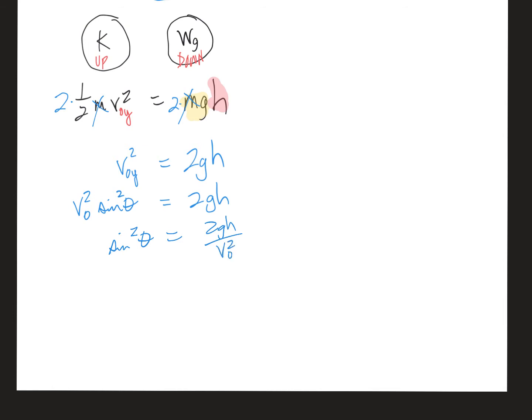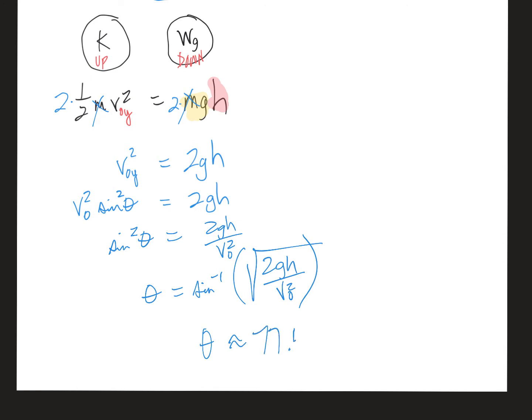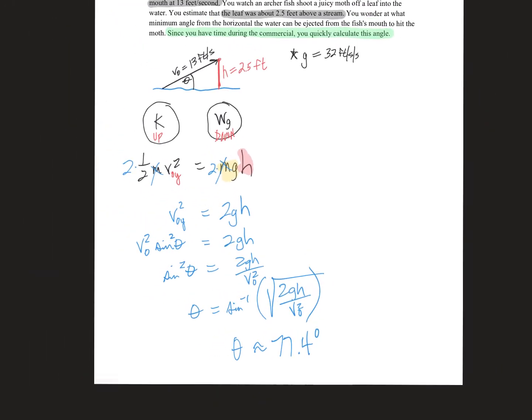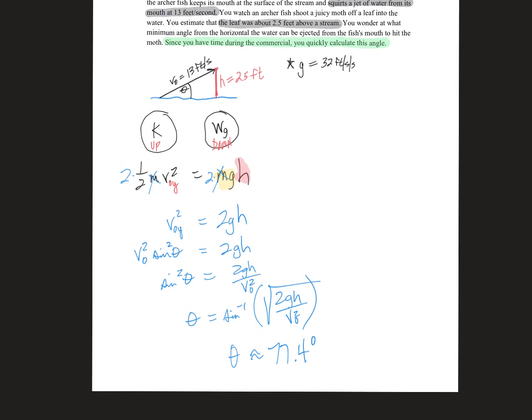Those are all things we know, which means theta would be the inverse sine of the square root, and unsquare that side, of 2gh over v naught squared, which are all known things in the problem. And it ends up being the case that theta is roughly 77.4 degrees. And so that's the angle that this fish would have to shoot it. And that's good because that's a pretty steep angle.